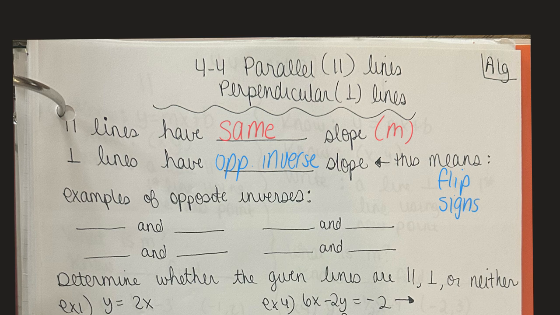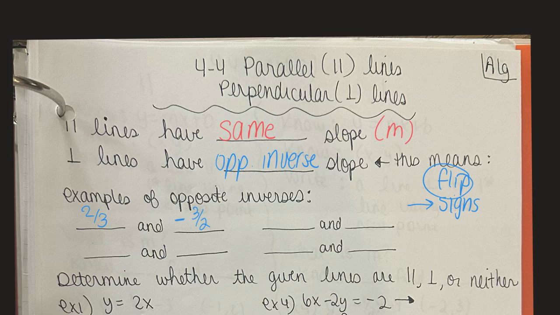Okay, so here's some examples. If one slope is 2/3, then the opposite would be negative. The inverse would be 3/2. So I have flipped it and I've changed the sign. If one is positive, then the other one is negative. If one is 2/3, the other one is 3/2.